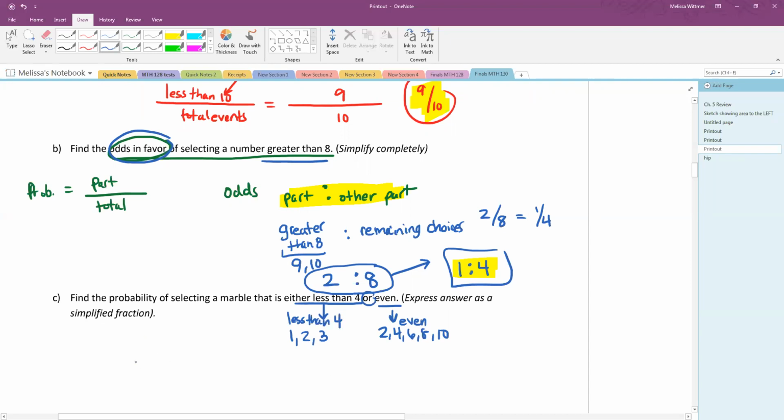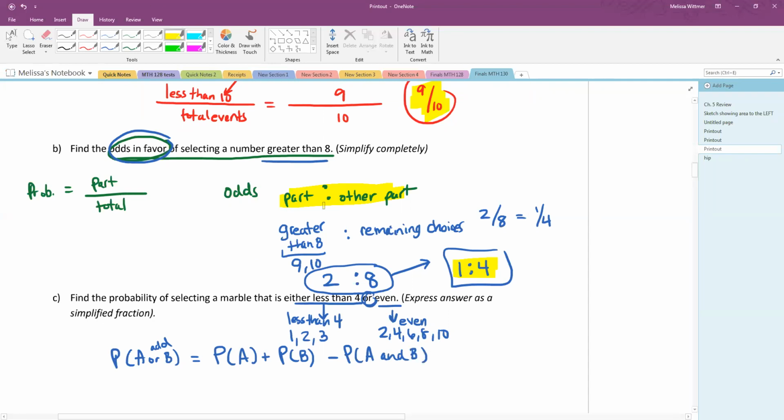So when we set this up, if it says or, there's a probability of A or B rule. Or is always add. Probability of A or B is the probability of event A plus the probability of event B minus the probability of A and B overlapping.